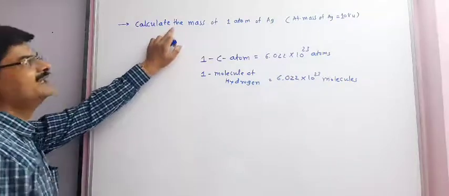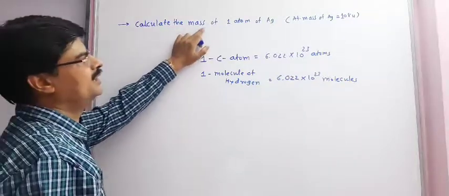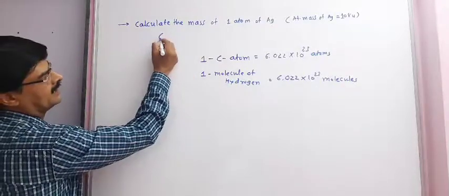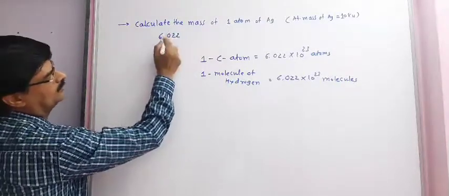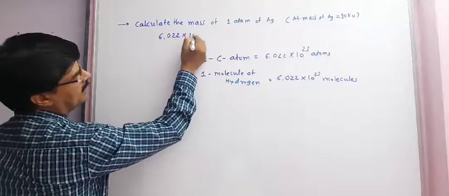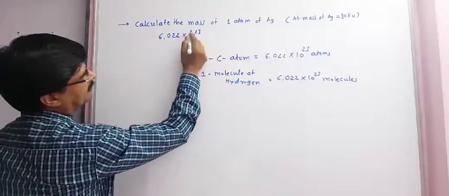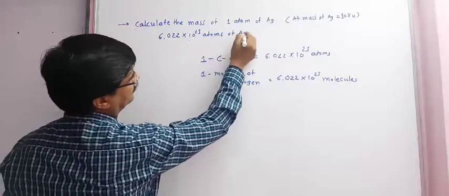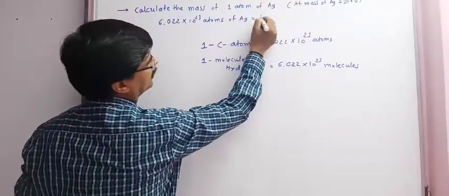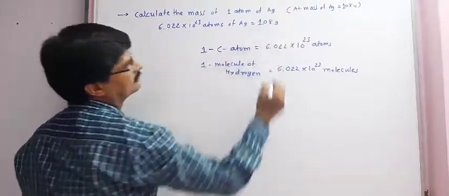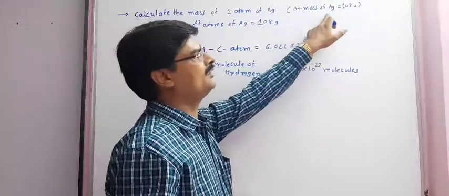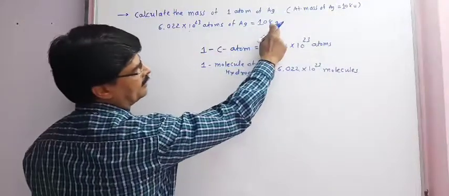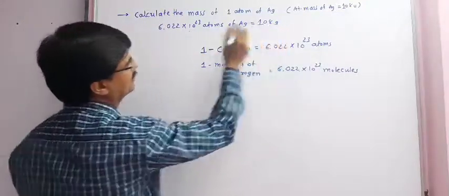Here in this sum, it is asked to calculate the mass of one atom of silver. First we can write that 6.022 into 10 raised to 23 atoms of silver is equal to 108 gram, because the atomic mass of silver is given as 108 u, or we can write the atomic mass in gram to be 108 gram.